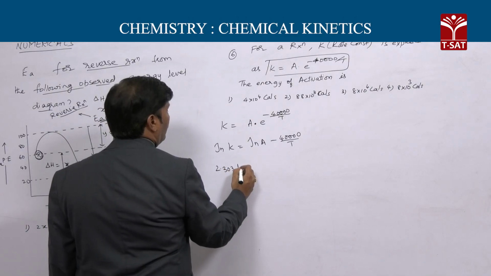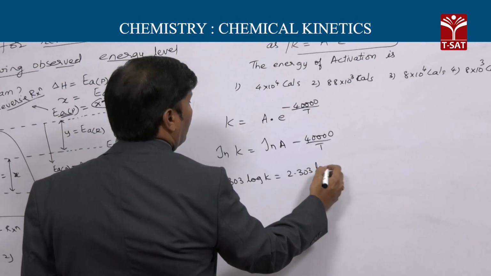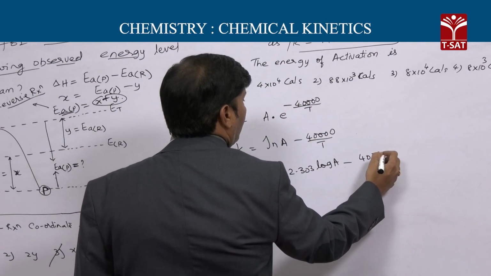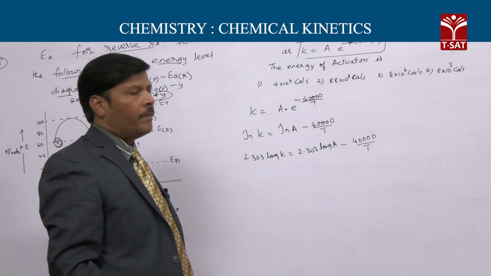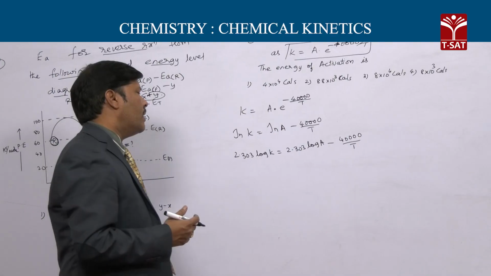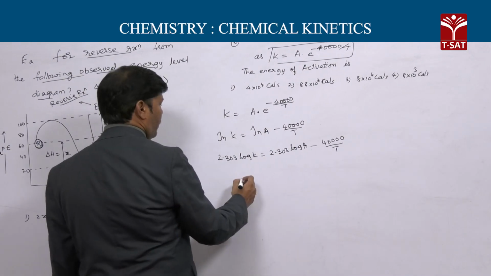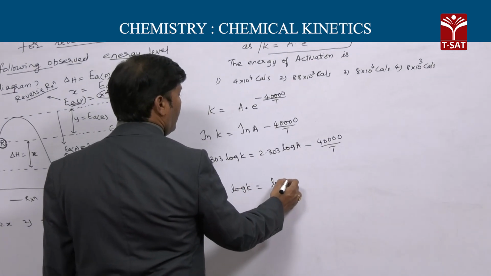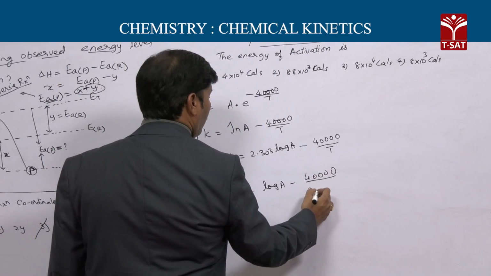So 2.303 log k is equal to 2.303 log A minus 40,000 divided by temperature. Dividing the LHS and RHS by 2.303, we get log k is equal to log A minus 40,000 divided by 2.303 into temperature.